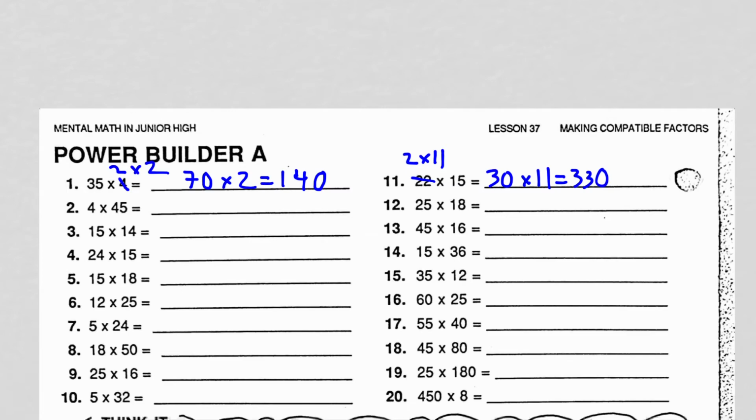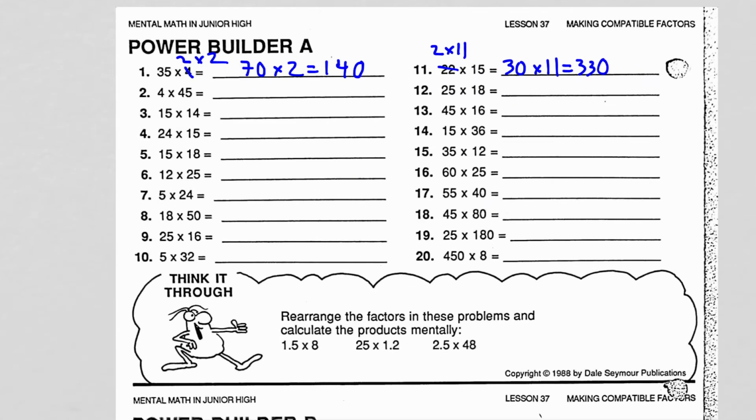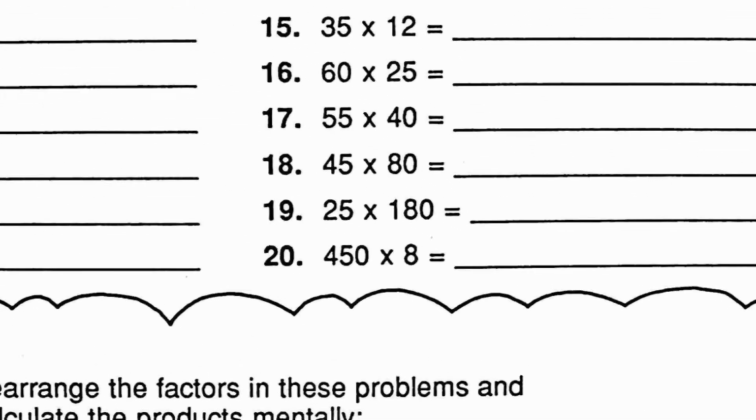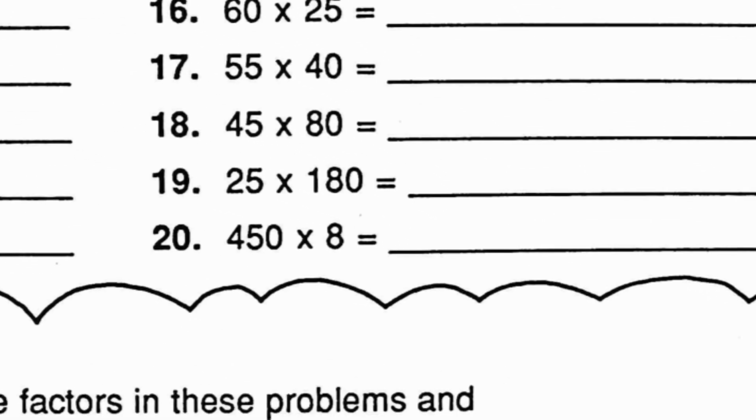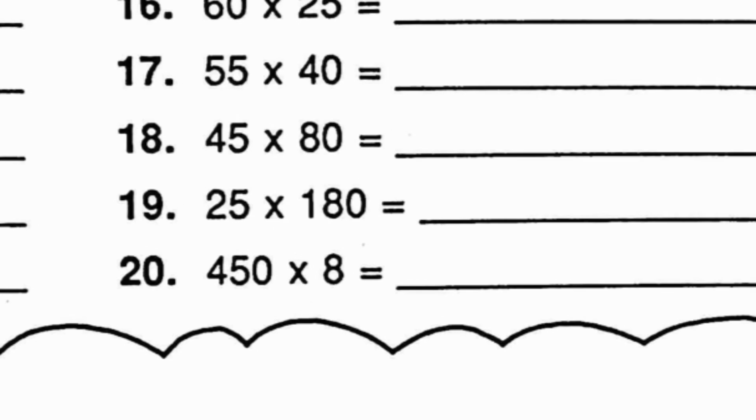Let's find another one here. Let me skip around. Okay, maybe down to 19. 25 times 180. Well, I might not half and double here. I might not break up the numbers, but I'm wondering if I took 180 and made it 2 times 90.